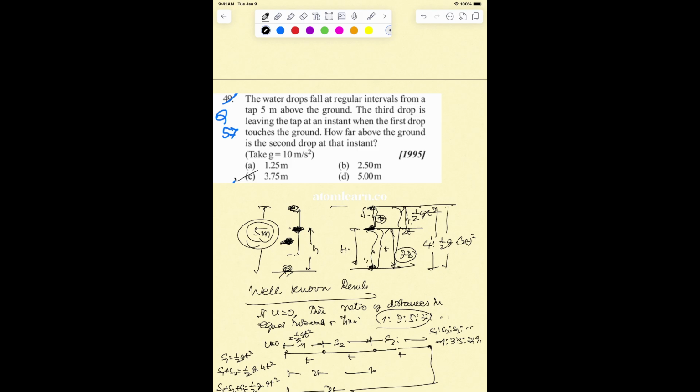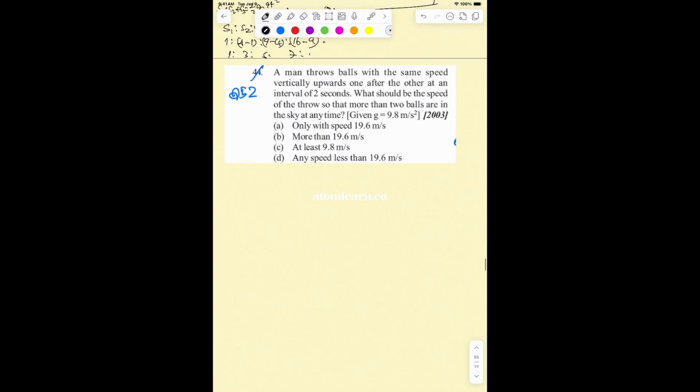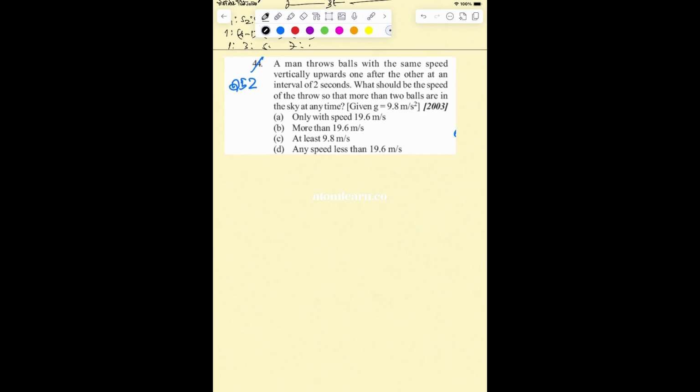Therefore this ratio will be 1 is to 3. Total 4 means 5 meters is given. Therefore what is 3? 3.75 meters. Understood? Such a way of thinking uses the well-known results in these cases. We will be dealing with the well-known results in quite some detail slightly later, but right now we can even apply them on this particular problem.